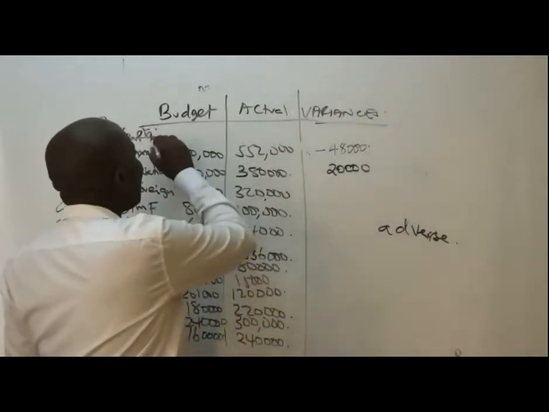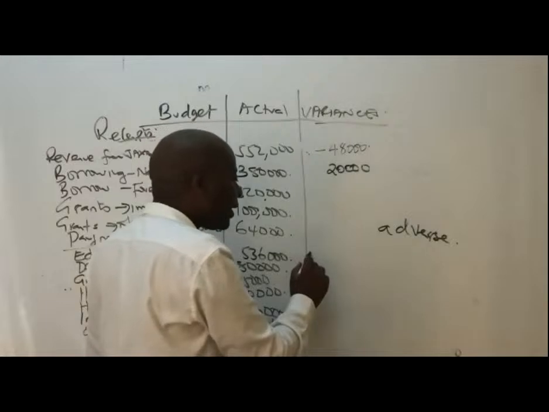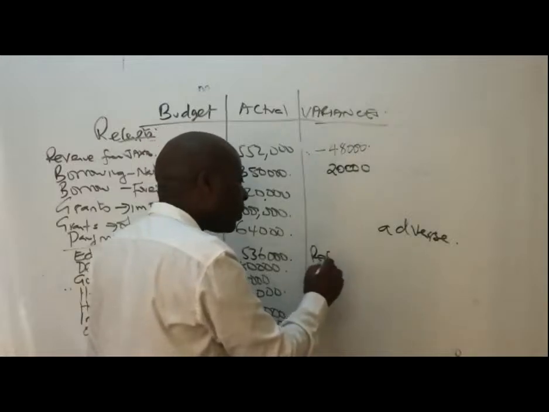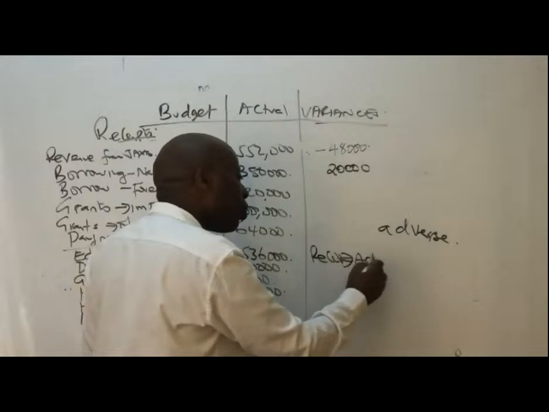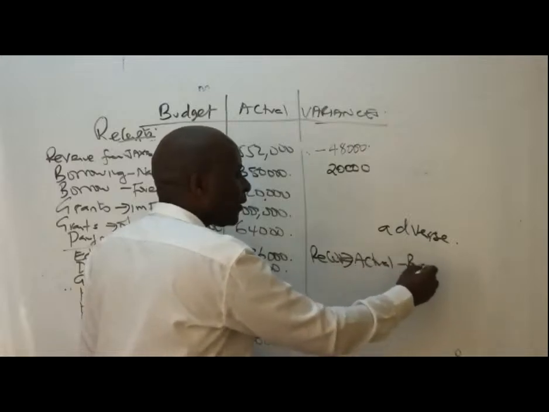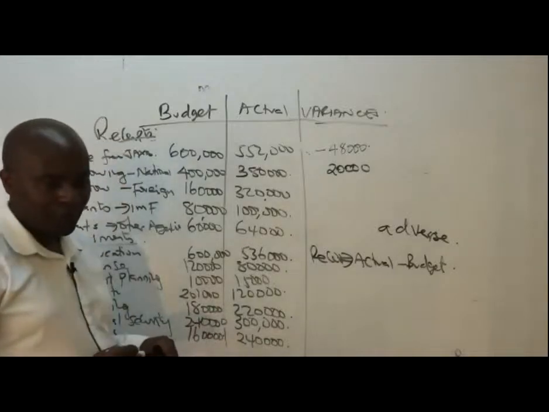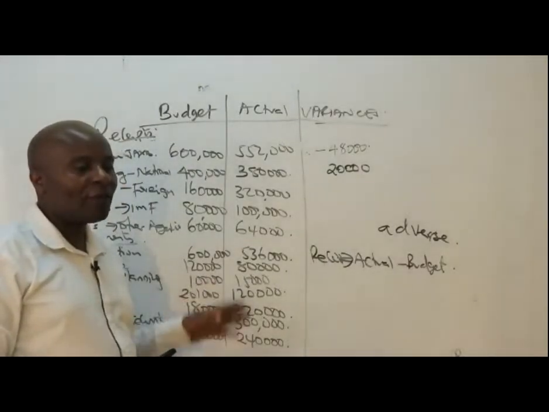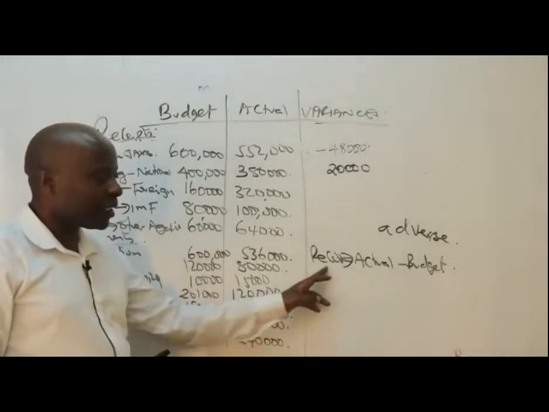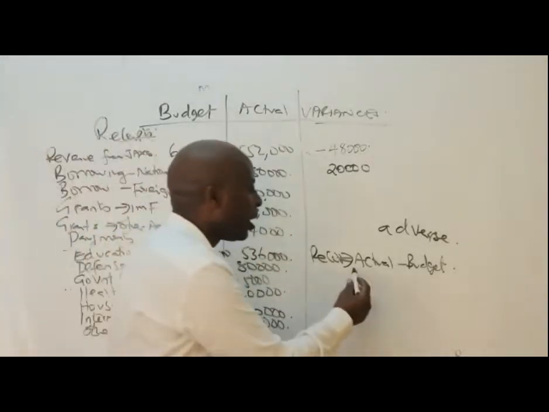So listen. For receipt items, when you are getting variance for receipt items, you normally take actual minus budget for proper interpretation. You always work with what we call ARB.